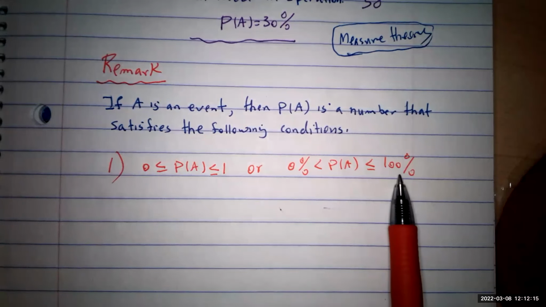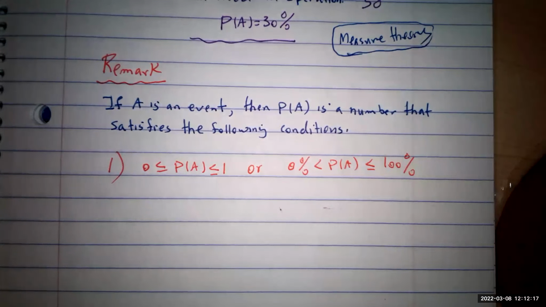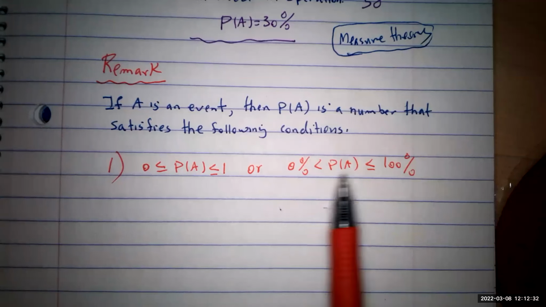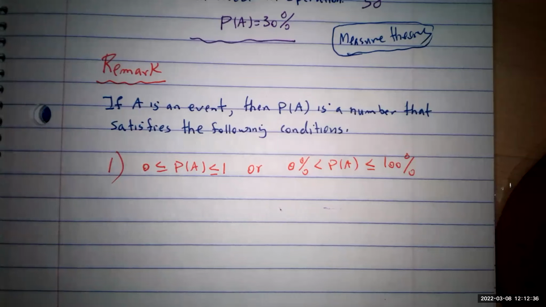The probability is at most 100%. In everyday life, of course, you talk about 150%. They may charge you on your credit card, or on your mortgage, on your loan. But in the case of the probability, no way. It's always between 0% and 100%. Be careful. Okay, that's going to be case 1. Any question?